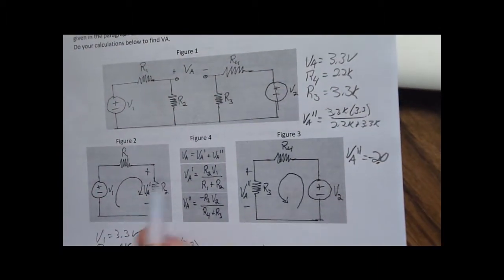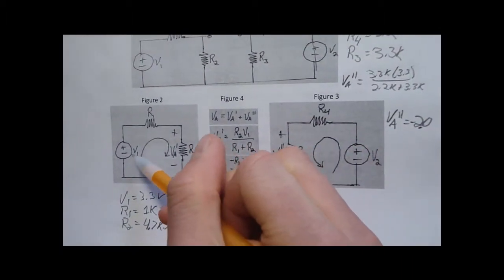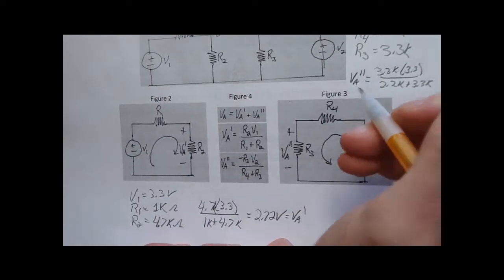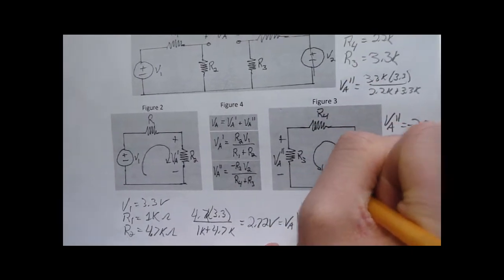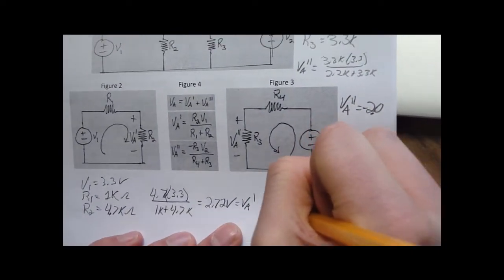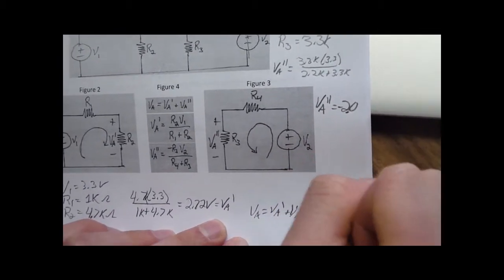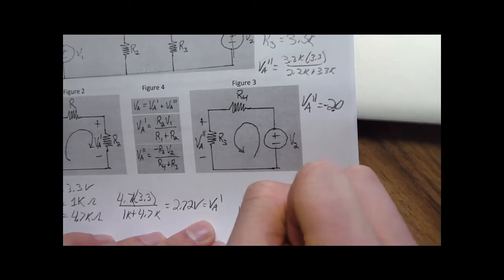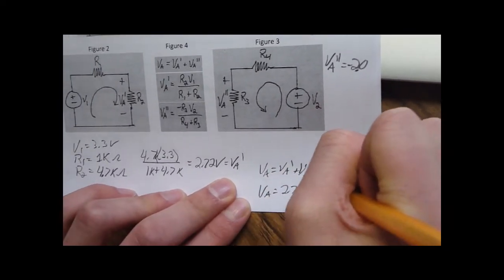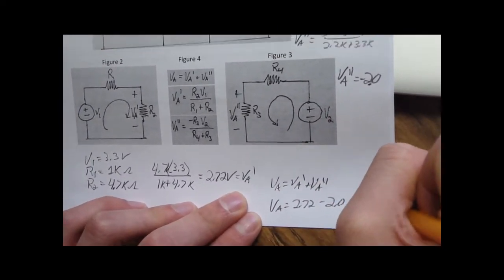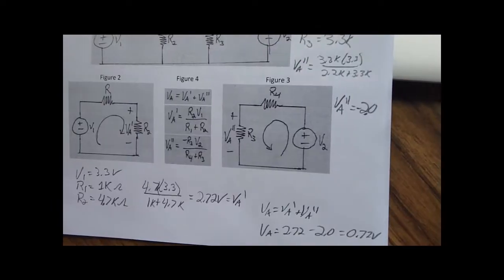It's negative because we established that clockwise was our positive direction, and this one is flowing in the counterclockwise direction. So VA equals VA prime plus VA double prime. VA equals 2.72 minus 2, which equals 0.72 volts.